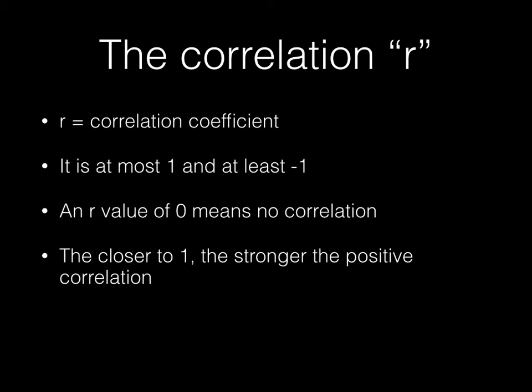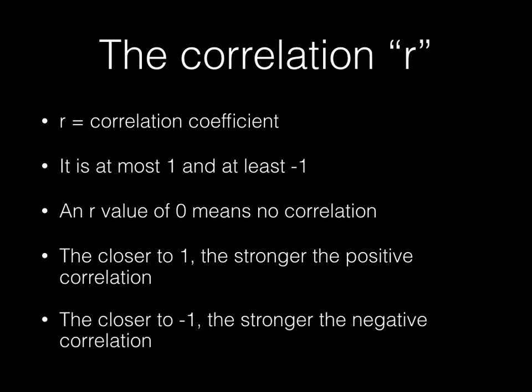So if you think back to the slide that had the graphs, some of those graphs had the dots really far spread, and some of them had them really tight, like one straight line. The one straight line graph would be very close to 1. The one that was very spread out all over the place would be closer to 0.